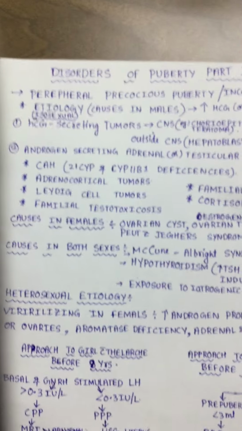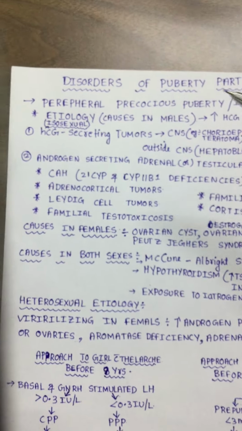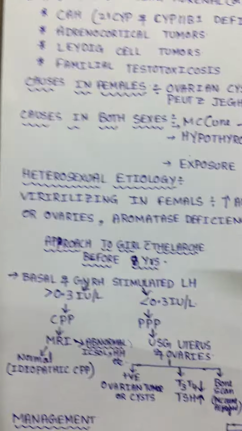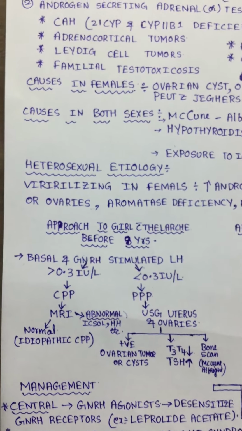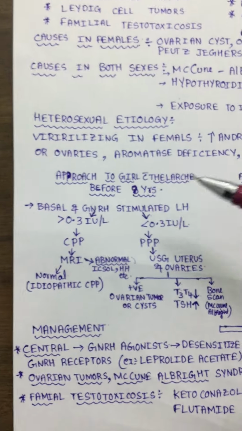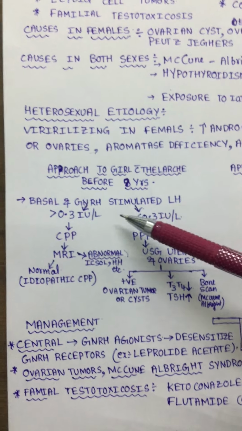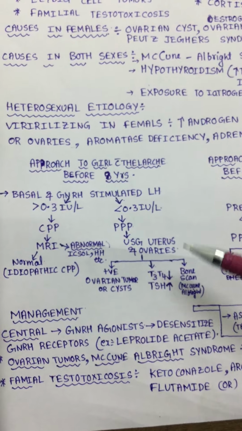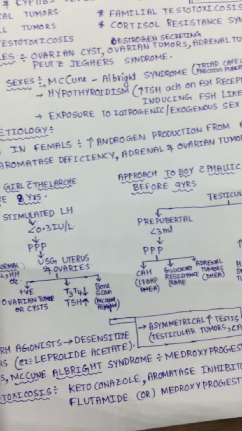So in this video we mainly discussed the etiology of isosexual precocious puberty in males, females and both sexes, and the etiology of heterosexual precocious puberty, virilization in females and feminization in males. And the approach and diagnosis by various investigations like LH, GnRH stimulated LH and basal LH, and USG uterus and ovaries in females, thyroid hormone levels, bone scan for McCune-Albright syndrome.